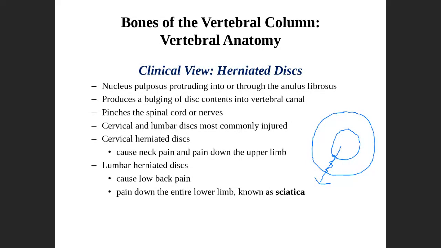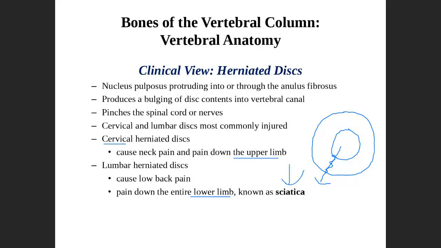If it occurs in your lumbar spine, you can get pain down your leg. Same thing, muscle weakness, decreased sensation, numbness and tingling. So it really depends. Cervical herniated discs will cause pain and discomfort and symptoms in the upper limb. Lumbar herniated discs will cause pain and other symptoms into the lower limb.